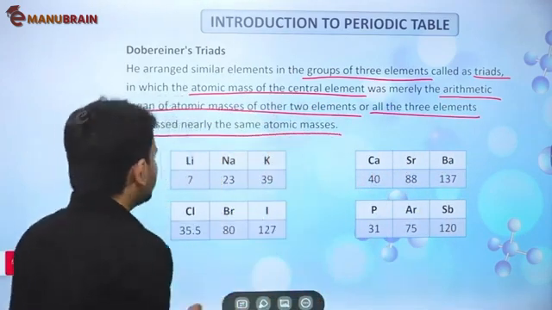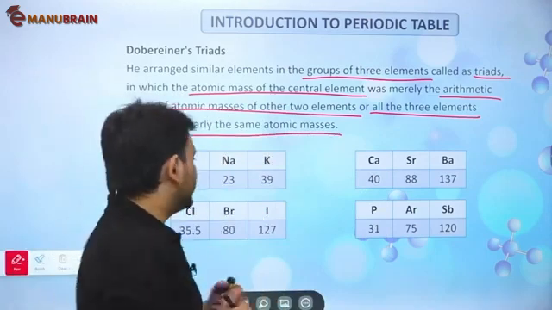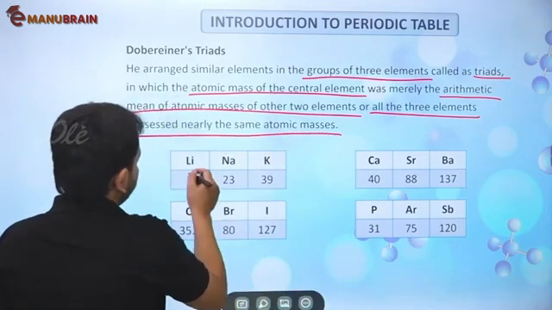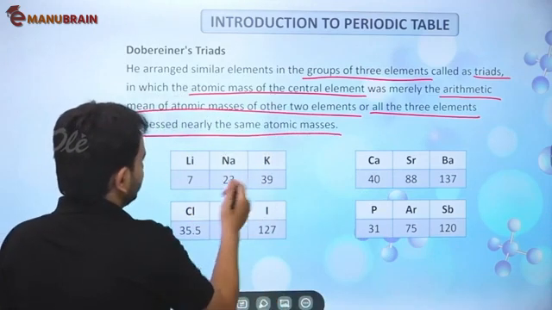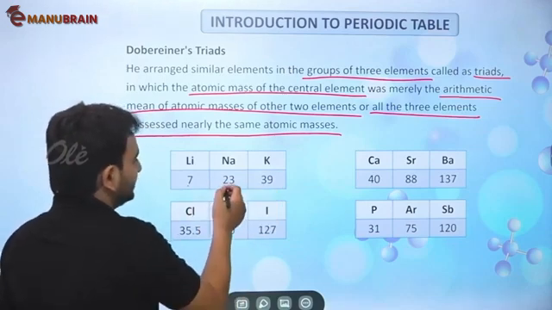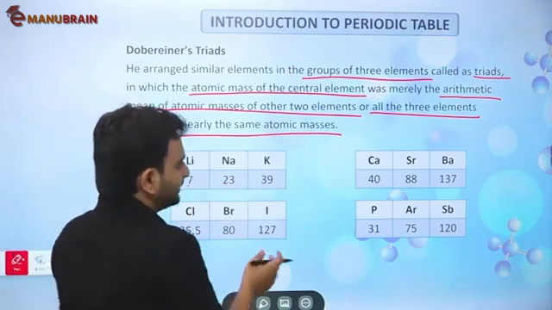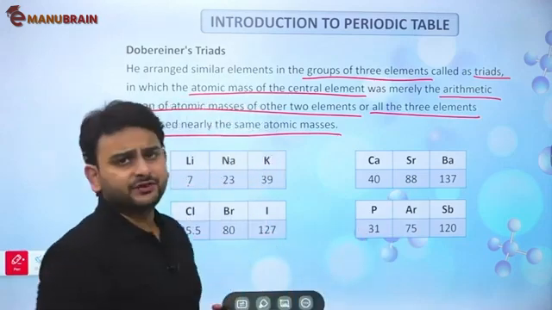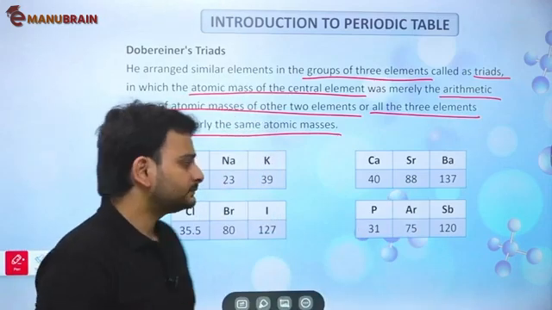So it worked for some time. For example, lithium, sodium, potassium. If you add 7 and 39 and divide by 2, it will be 23. Similarly over here, almost they were averages, or they were closer by.